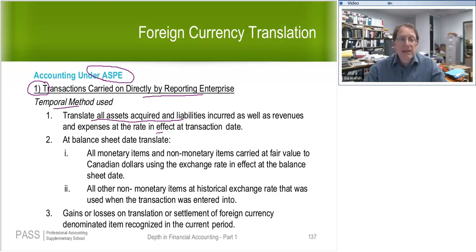Come the year end, at the balance sheet date, they take the monetary items, which we'll define in a second, and the non-monetary items carried at fair value, and they translate them at the balance sheet date. Presumably, it's going to be a different rate, assuming your exchange rate is moving.